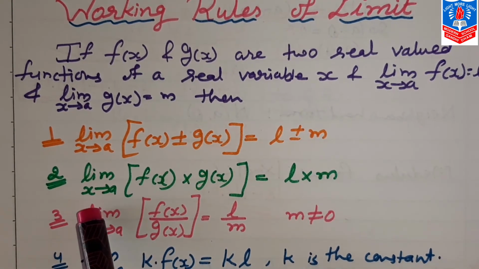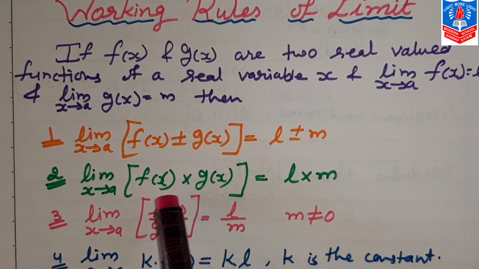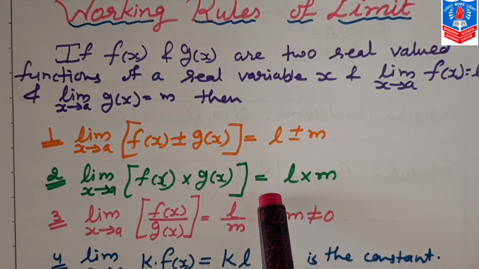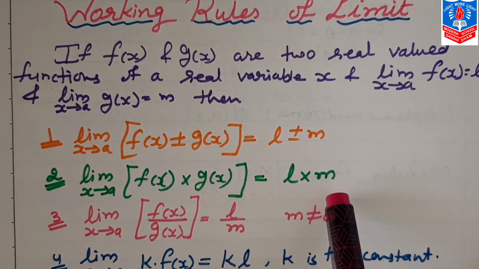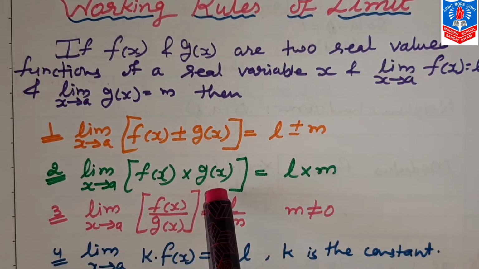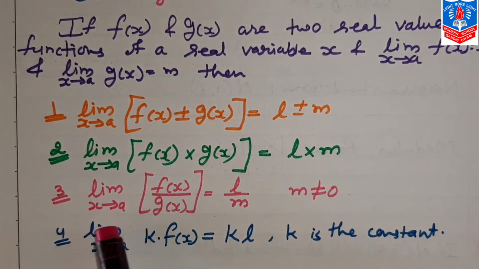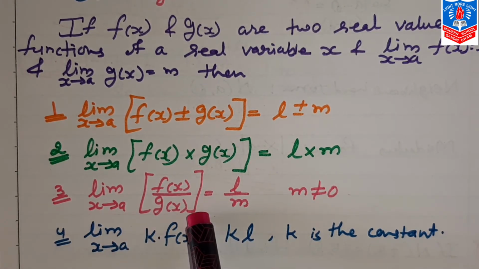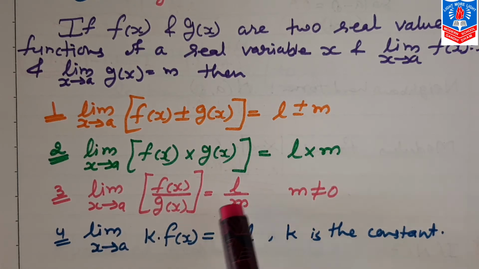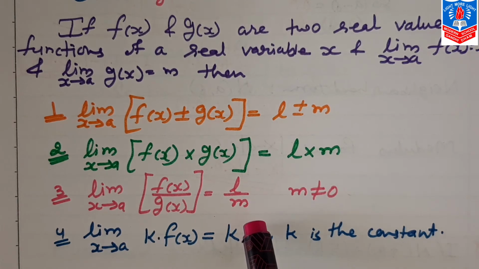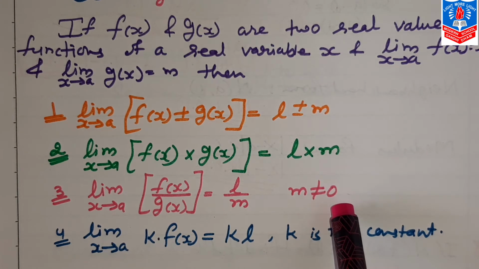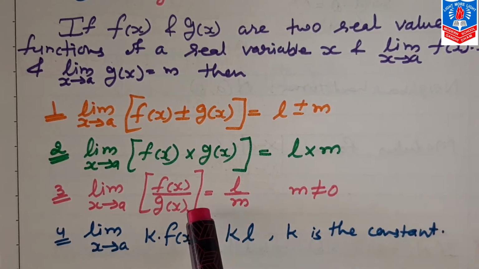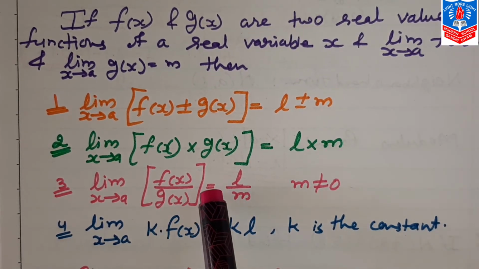Second, limit x tends to a of f(x) into g(x). In that case, multiplication will be L into m only. Next, limit x tends to a of f(x) divided by g(x), which is a division. In that case it will be equal to L upon m. But remember, m is never 0; only under this condition is the rule applicable.